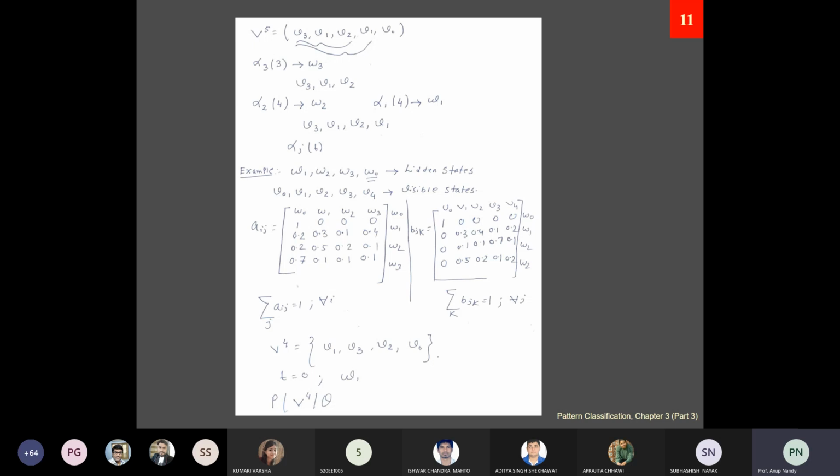Then you have 0.2, 0.3, 0.1, 0.4. Then you have 0.2, 0.5, 0.2, 0.1. If you sum up all the entries in each row, you will get 1, because the total probability is 1.